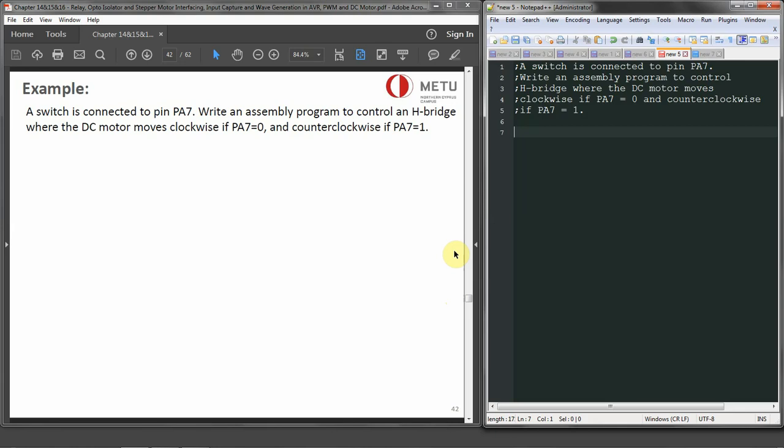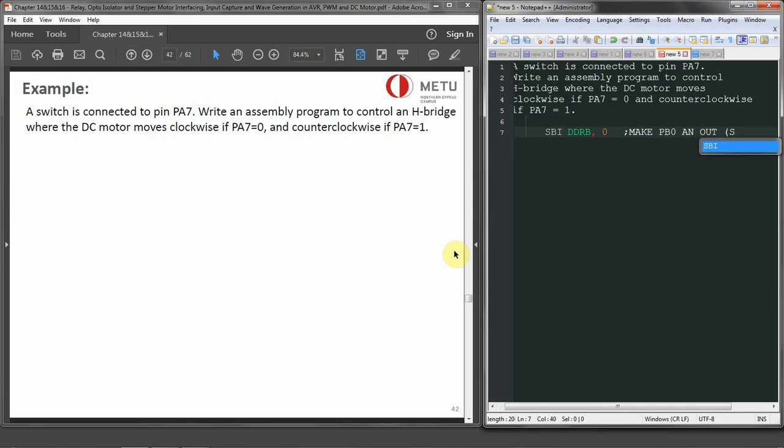Now we can use AVR's port B, and we can set the switches for each port B bit. That means, let's say, SBI DDRB 0, so make PB0 an output, which will be switch 1.